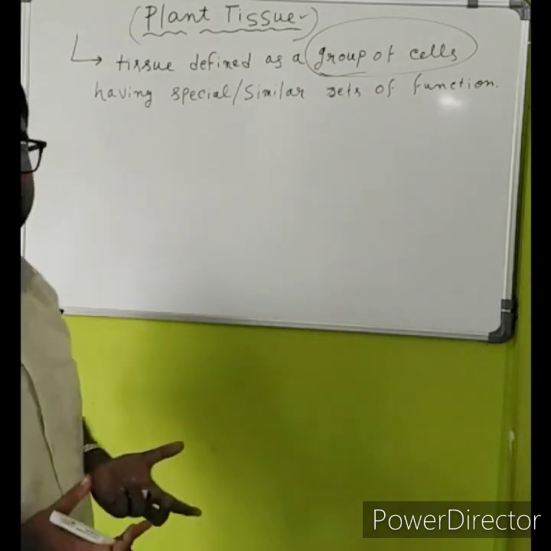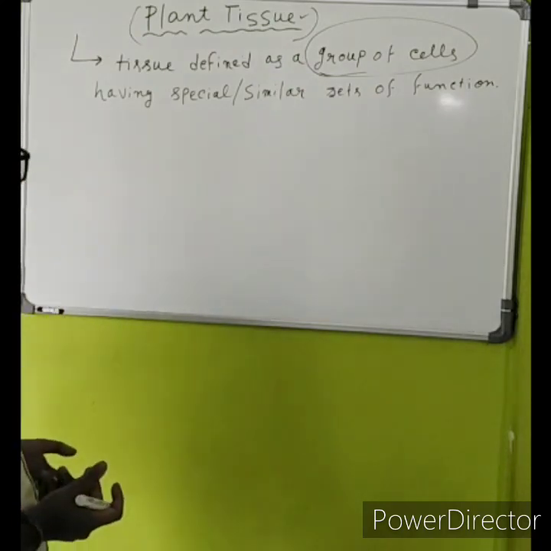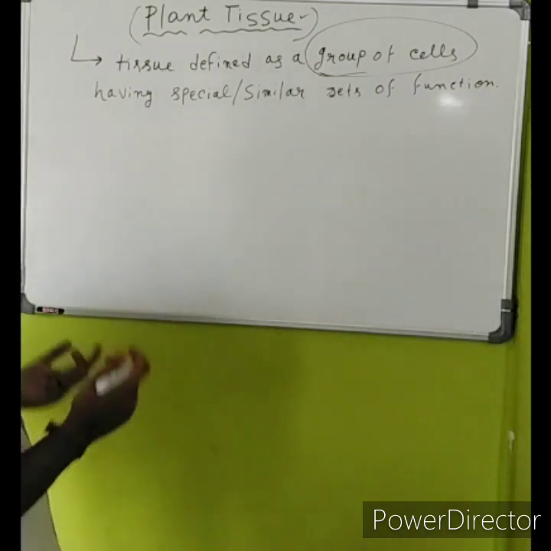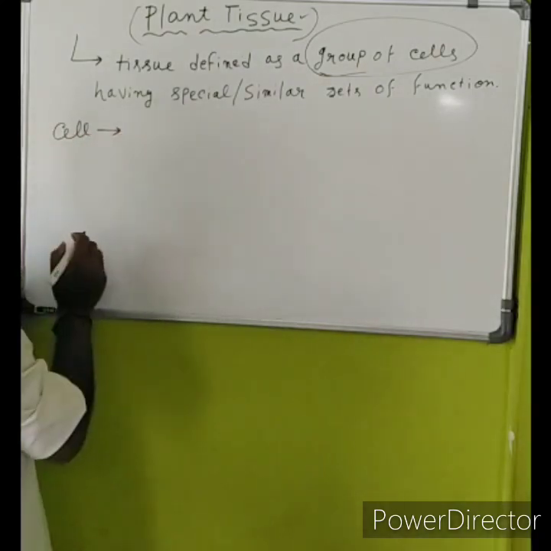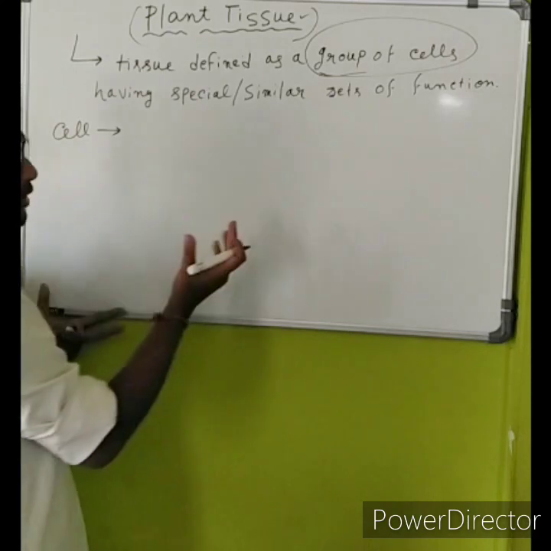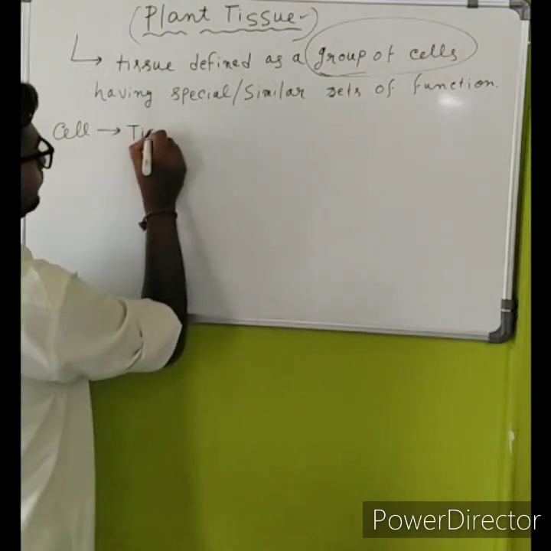So the basic pathway for the formation of an organism is the cell, and a group of cells will form the tissue.